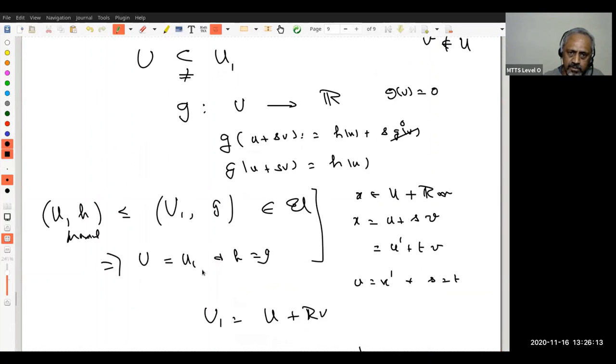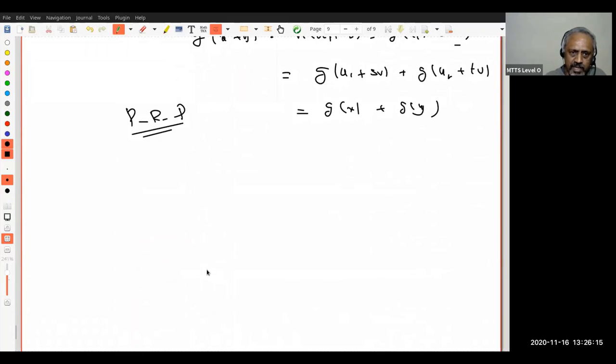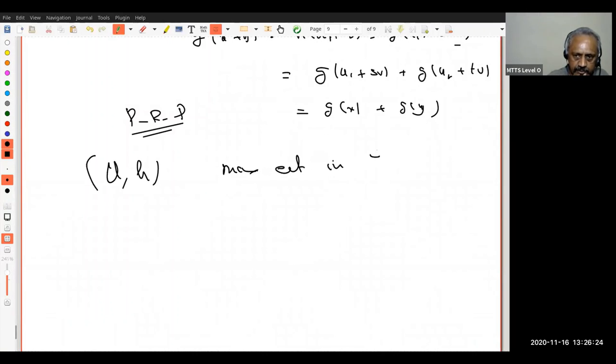So now, okay, pause, review, proceed. So what have I done? Let (U, H) be a maximal element in script U. I want to show U is actually V. Okay. If not, what did we prove?